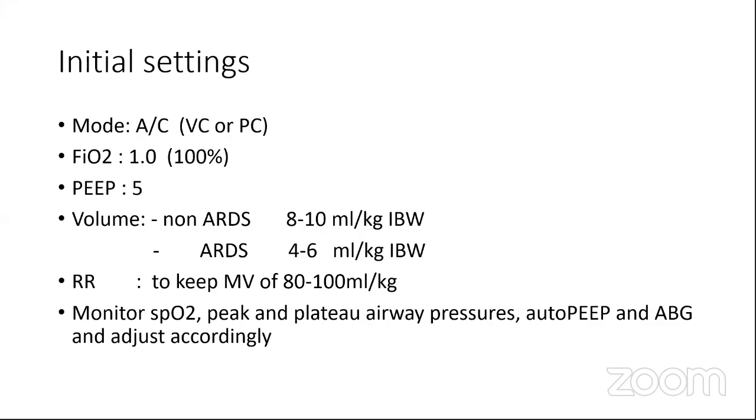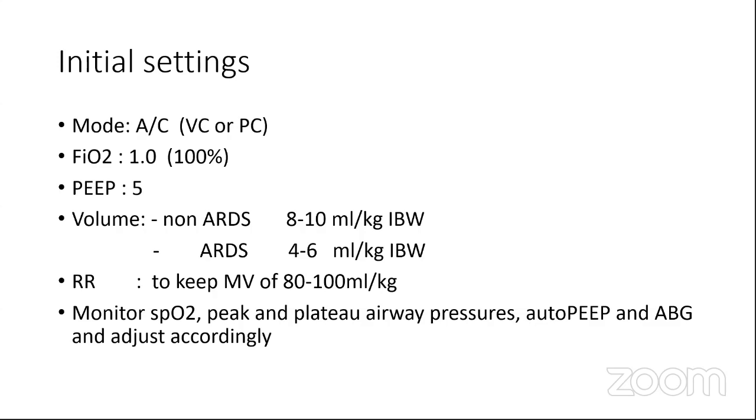And then you get to set your volume. And in volume, you need to ask yourself first whether you think this patient has ARDS or does not have ARDS. In ARDS, it is evidence-based that lower volumes of 4 to 6 milliliters per kg of ideal body weight carry better outcome to the patient.